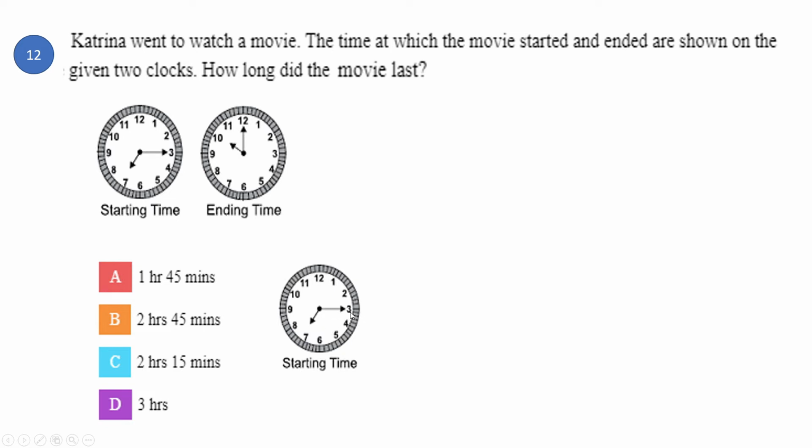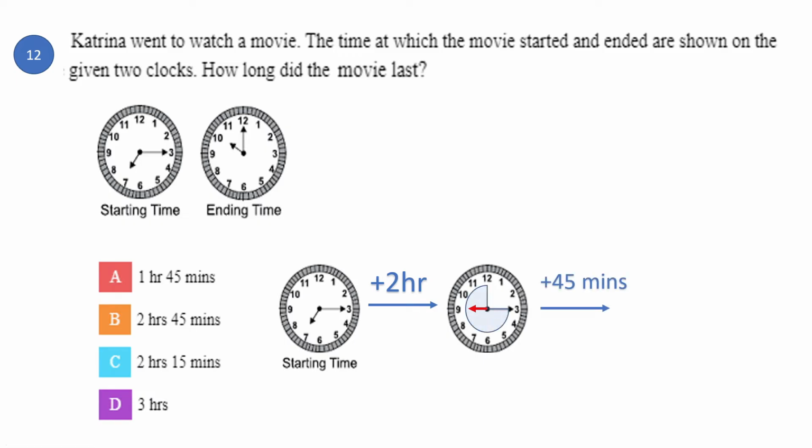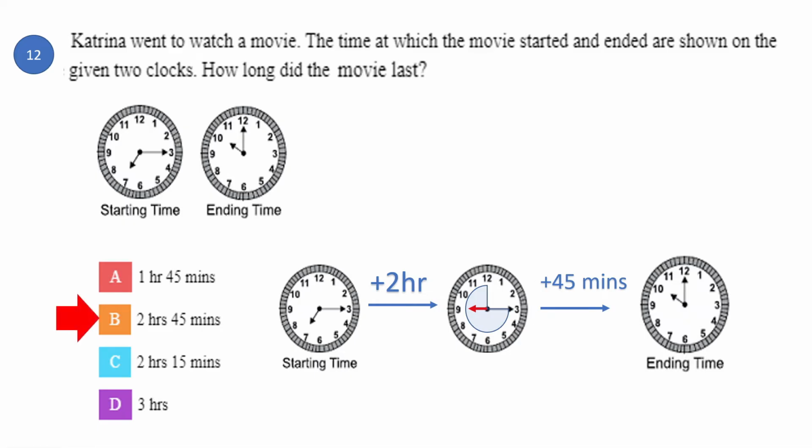Now simply add 2 hours to it. That will make it 9:15. And now we need the minute hand to come to 12 to make it 10, and that is 45 more minutes, which will get us to the ending time of 10 o'clock. Hence your answer is 2 hours and 45 minutes, which is option B.